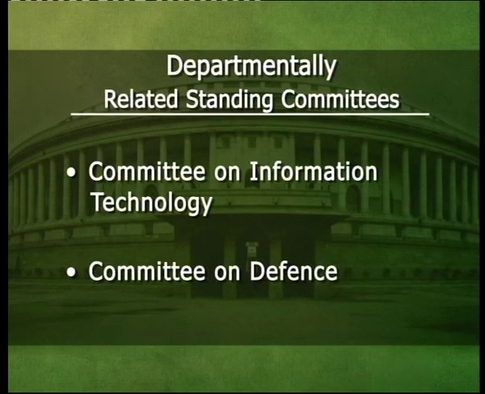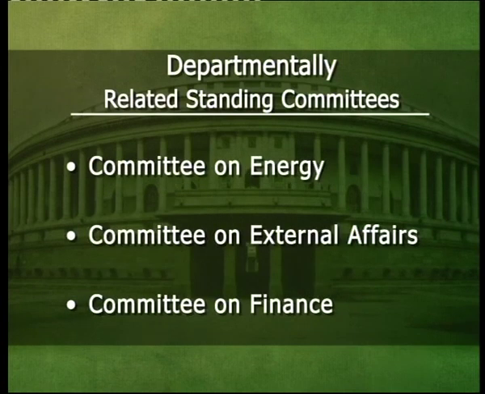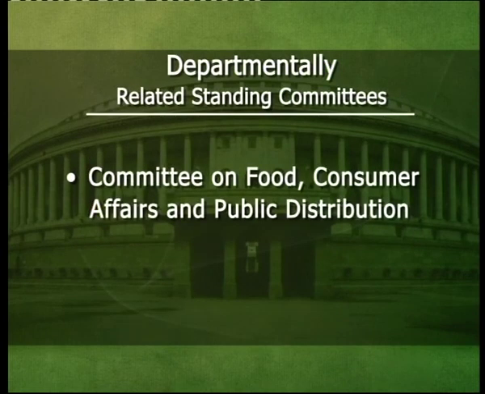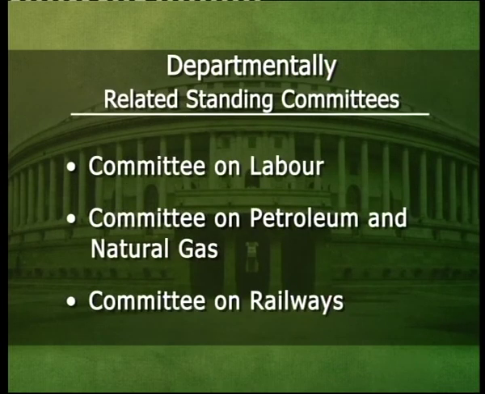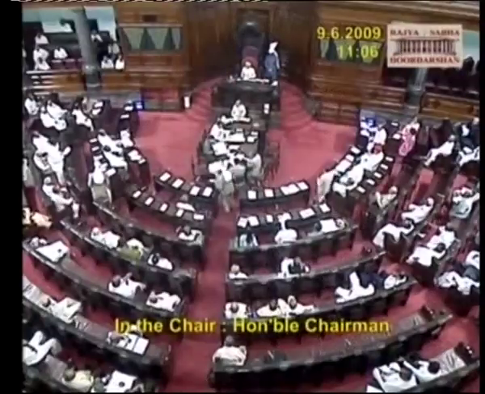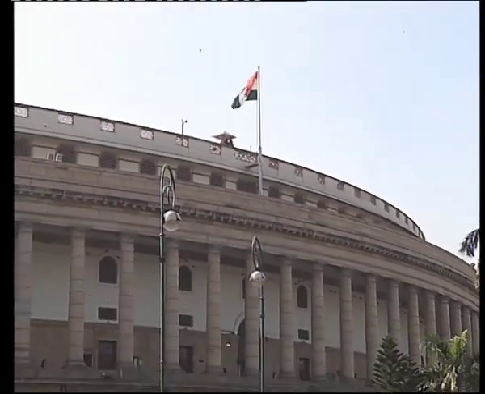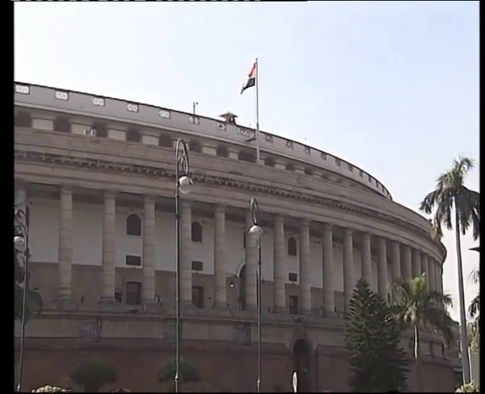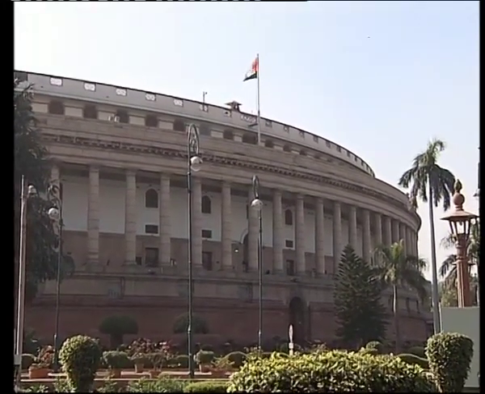These committees consider the demands for grants of the ministries or departments concerned, consider annual reports of ministries or departments, examine such bills pertaining to the ministries or departments concerned as are referred to the committee by the Chairman, Rajya Sabha, or the Speaker, Lok Sabha, as the case may be, and consider national basic long-term policy documents presented to the House.